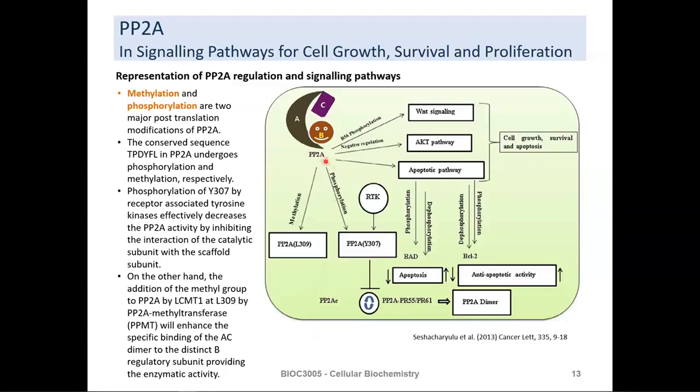Where there is methylation, so a methyl group is added to the lysine 309 by LCMT1, we have an enhanced specific binding of the AC dimer to the distinct B regulatory subunit, and this provides increased enzymatic activity.